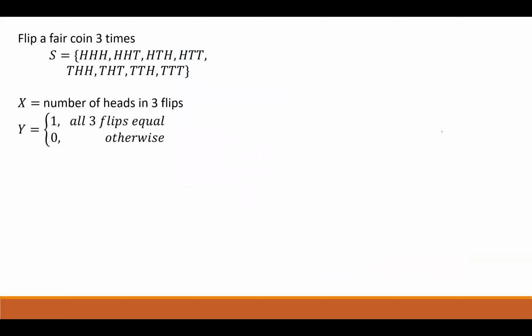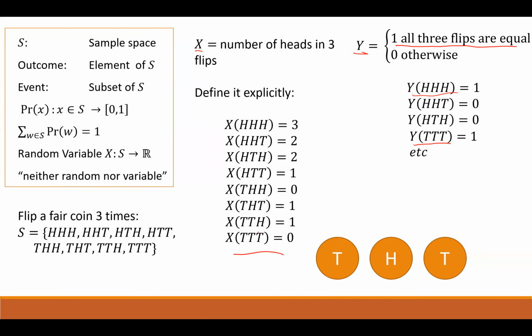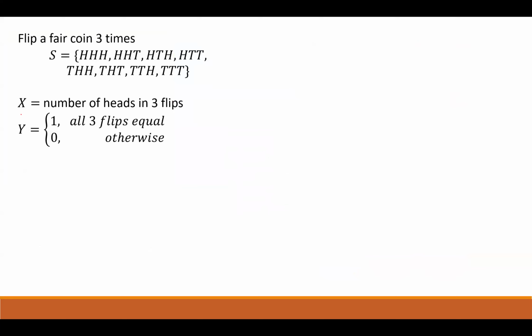It's much easier just to describe them in English. We don't typically do this. Again, it's not wrong. We would simply say X is the number of heads in 3 flips, and Y we can define like this. There's only 2 values for Y: if all 3 flips are equal, it's equal to 1, and 0 otherwise.